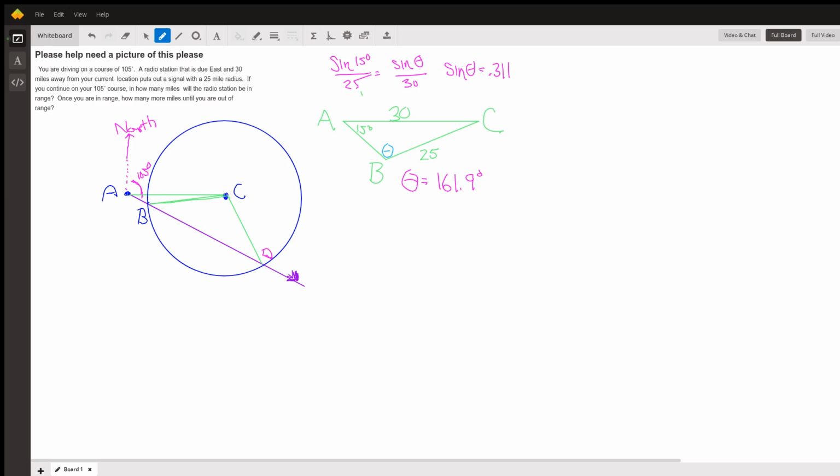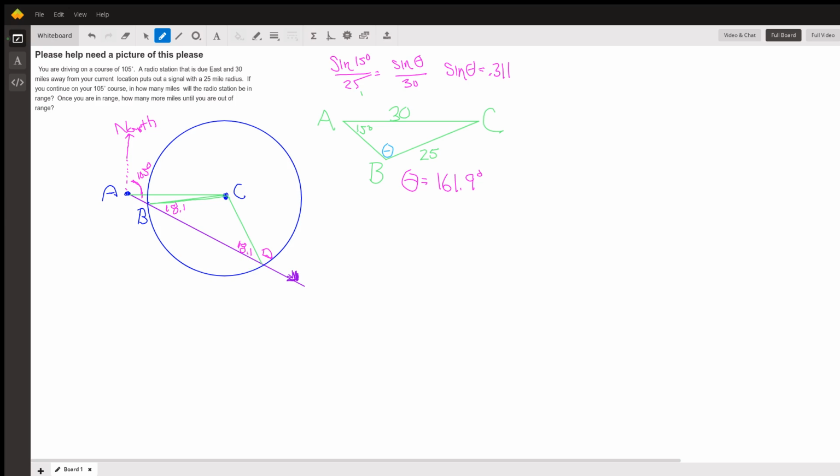And this angle CBD is in fact supplementary to 161.9, and we're back to that first quadrant angle that we found at first. We didn't need it in part A, but we do need it in part B. This is 18.1 degrees. This over here is also 18.1 degrees because it's an isosceles triangle.